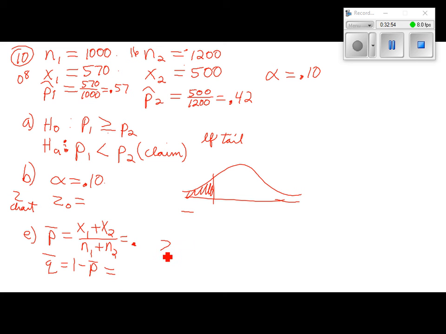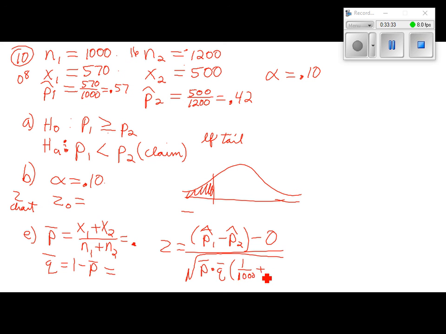Then once you know that, to find your Z value, your standardized test statistic, you're going to use the formula that we used on number 9, which is P hat 1 minus P hat 2 minus, it's going to be minus 0 there because we don't know the P's, over the square root of P bar times Q bar times 1 over N sub 1, which is 1,000, plus 1 over N sub 2, which is 1,200.